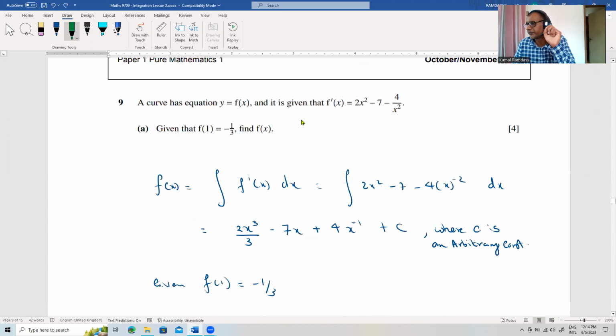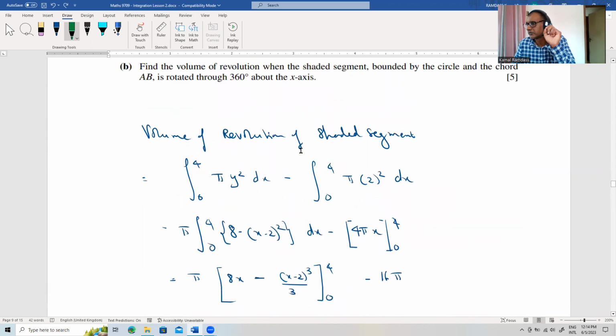Voilà. Pi y squared dx minus integration from 0 to 4 of this line segment, pi 2 to the square dx, because y is equal to 2. Okay? And I get pi integration from 0 to 4 of 8 minus (x minus 2) to the square. We replace the equation of the curve, y squared.